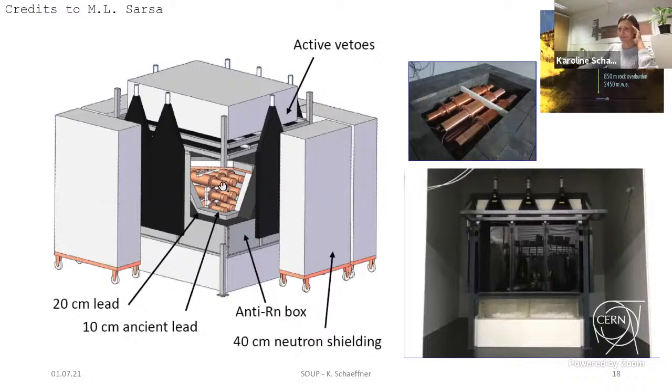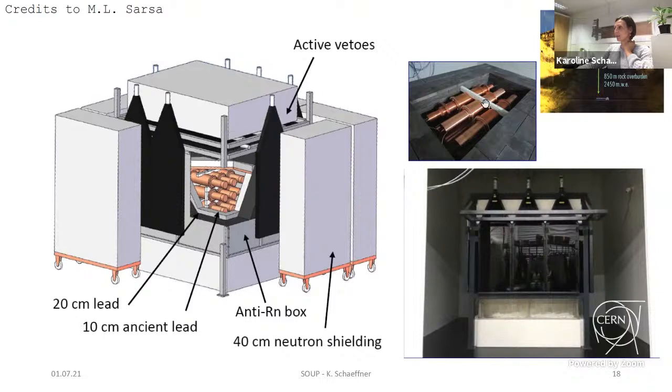So in the innermost part, there are the crystals with the phototubes. Then they have some high Z material around with lead and copper. This is all then closed up in a box, and this is flushed with nitrogen in order to avoid any radon contribution, which is also important. Here you see also a picture of that.